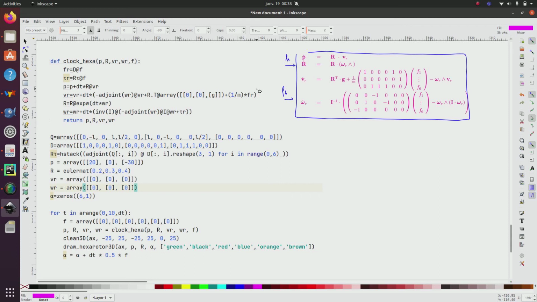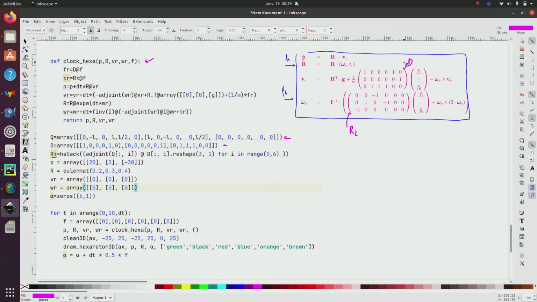For the simulation of this system, I propose the following Python program, where when I clock here, I provide an integration for a time step equal to dt. So it is a time loop. Here is the initialization for Q and D. Here I compute R2, which corresponds to this matrix, and D corresponds to this matrix.